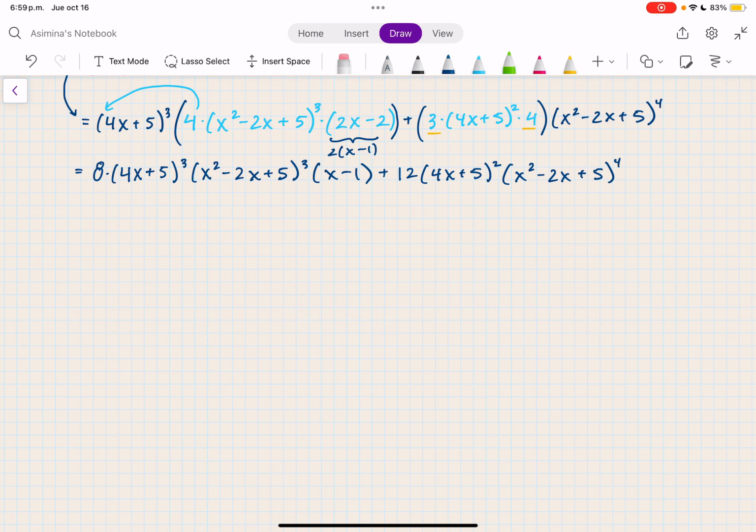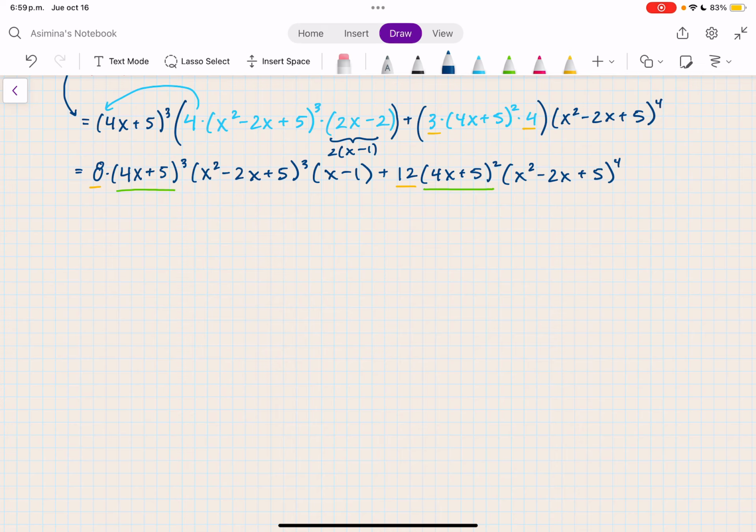Now, we see that we have (4x + 5) cubed here and (4x + 5) squared here, so we can factor out a (4x + 5) squared. Now, what else do we see? Well, we have 8 and 12 here. Their highest common divisor is 4, so we can factor out a 4.